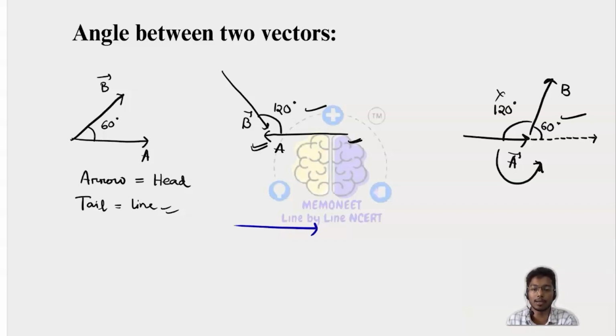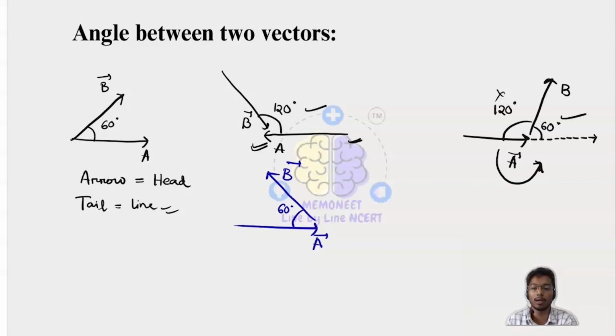Let's see another illustration. We have here a vector and here, let's say, b vector, and the angle between these is 60 degree. So what to do? Please move one of the vectors so that we can have either head to head or tail to tail relation.